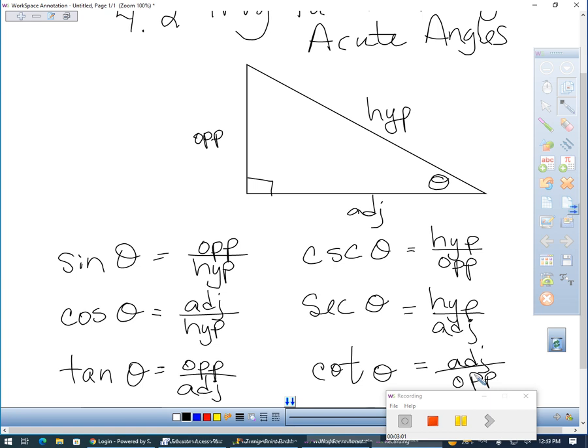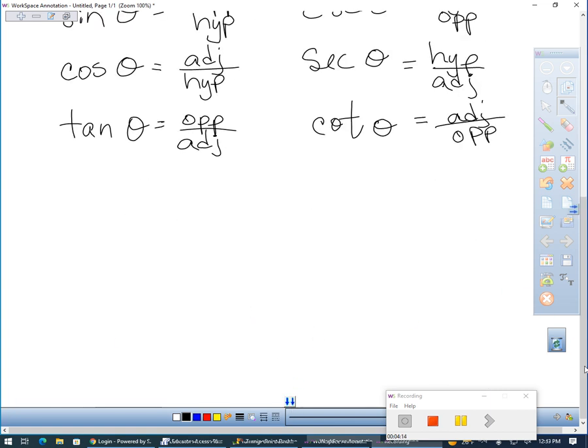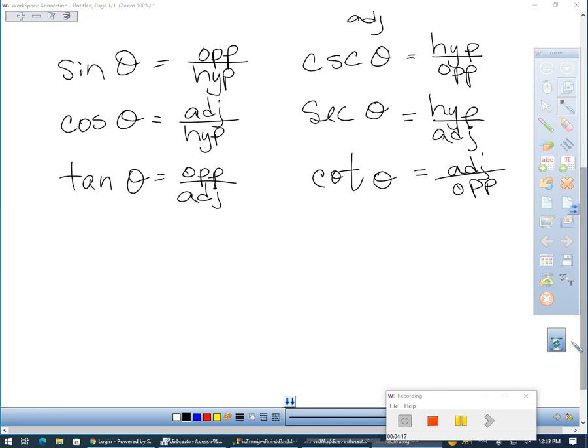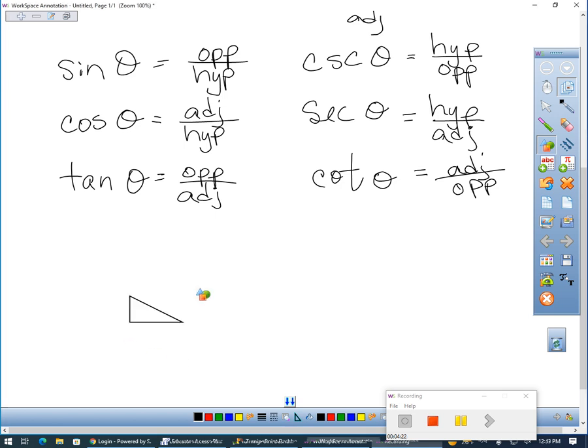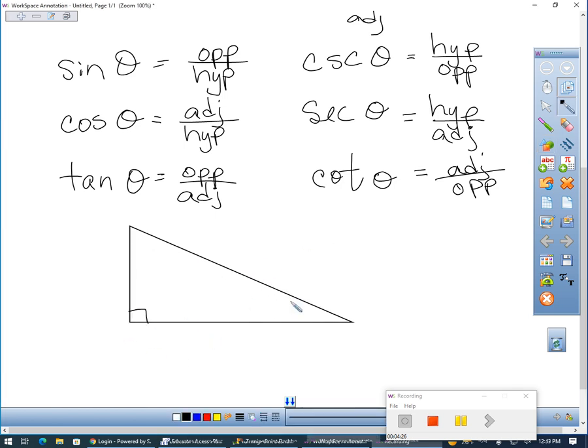All right, so now that we have those, here's how it works. If I have a triangle, so here's my triangle again. And let's say my triangle from this corner is 3, 4, and 5. I need to find my 6 trig ratios.